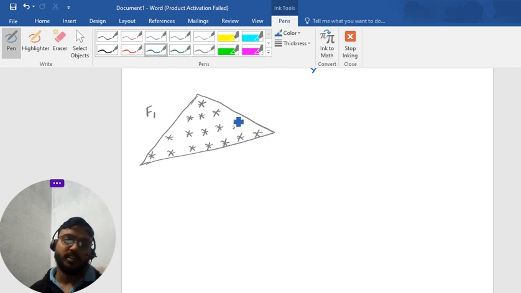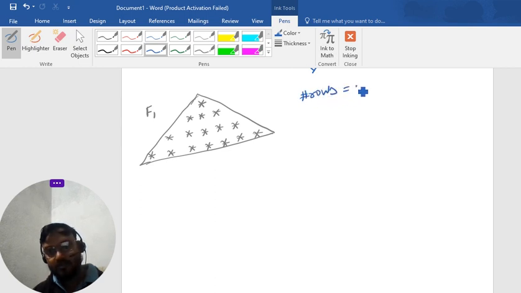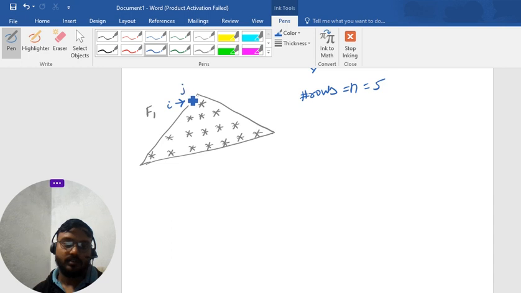As I always used to tell, first we need to find out the relationship. Here the number of rows is n, equals 5. Now I have i and j, and I need the relationship between i and j.